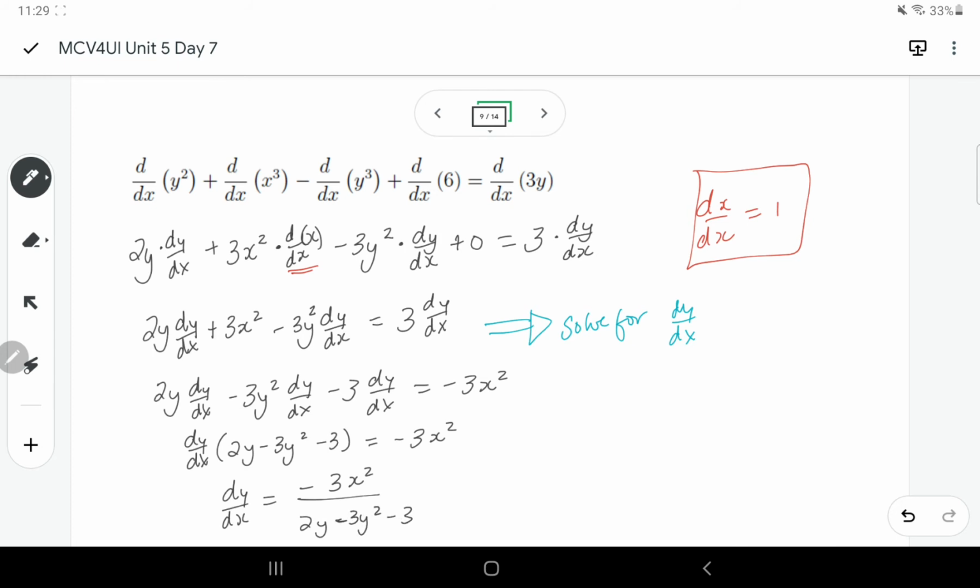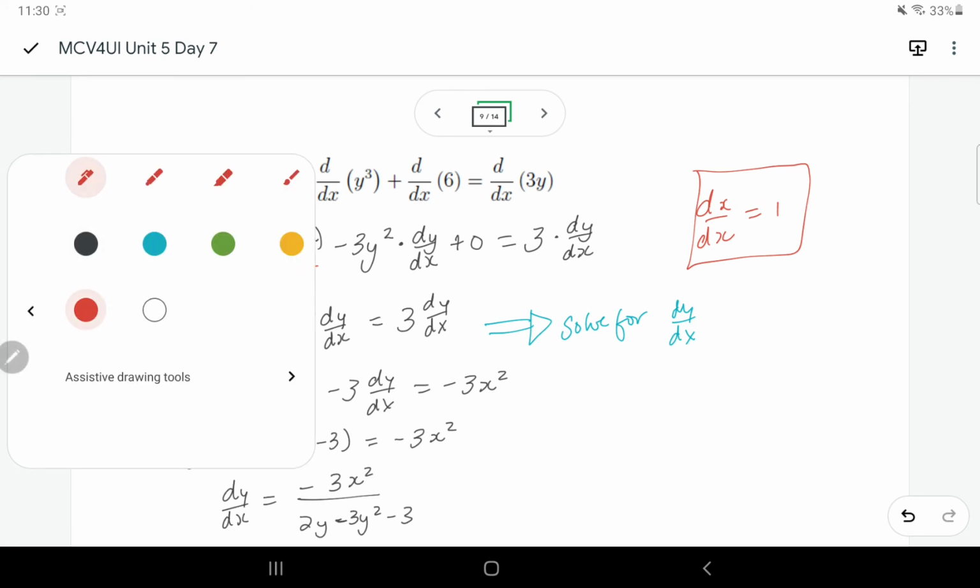So because I can't solve for this function in terms of y, I can't get a derivative just in terms of x. But if I knew a point on this function or relation, I shouldn't say function because it may well not be a function. If we could find a point on this graph, or a point that satisfies this equation, and we knew both the x and the y value, then we could find the rate of change of the y in terms of x at that point.